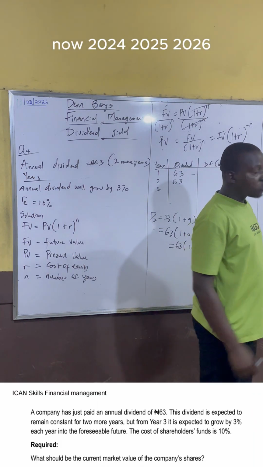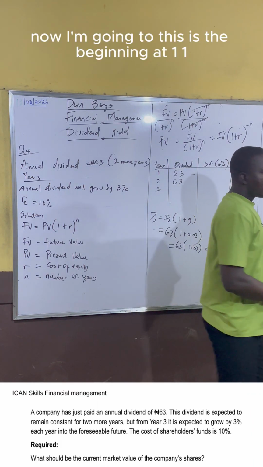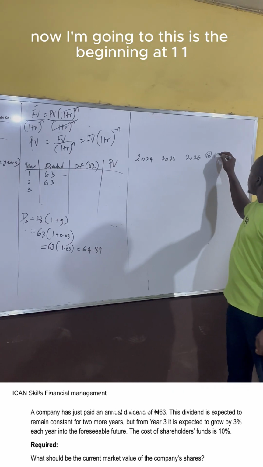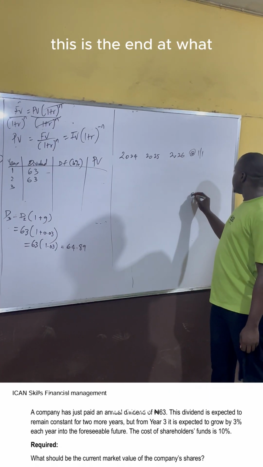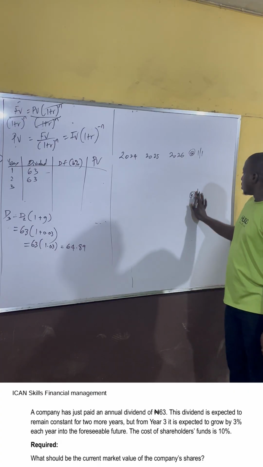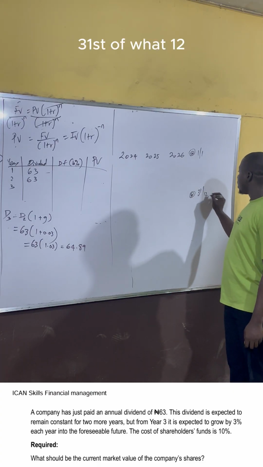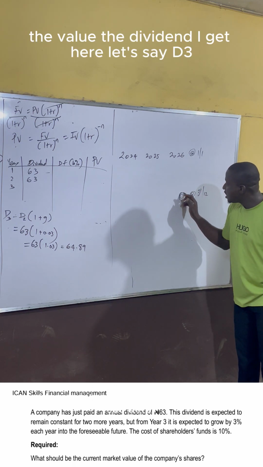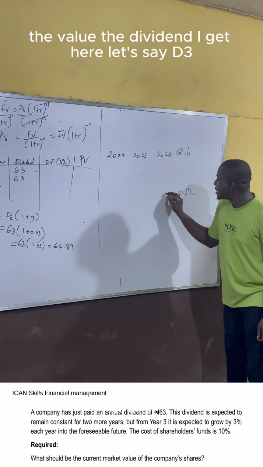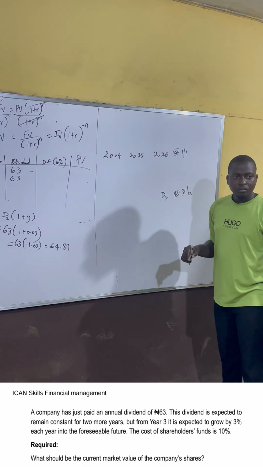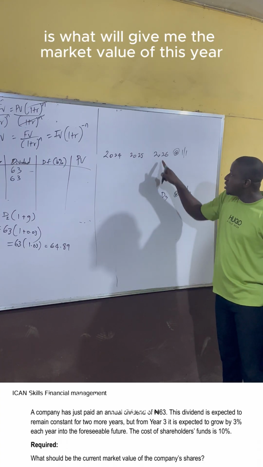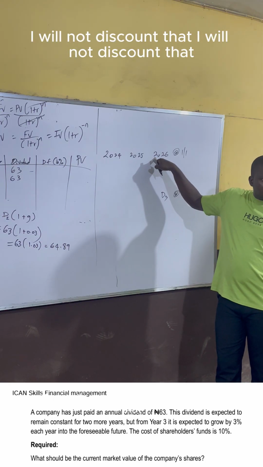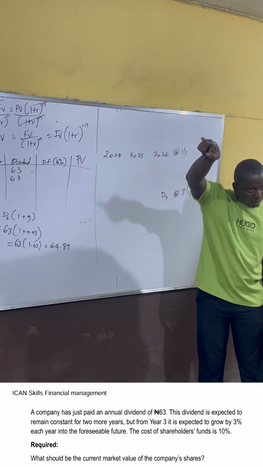Now, 2024, 2025, 2026. This is the beginning at 1. This is the end at what? 31st of 12. The dividend I get here, let's say D3, is what will give me the market value of this year. I will not discount it out.